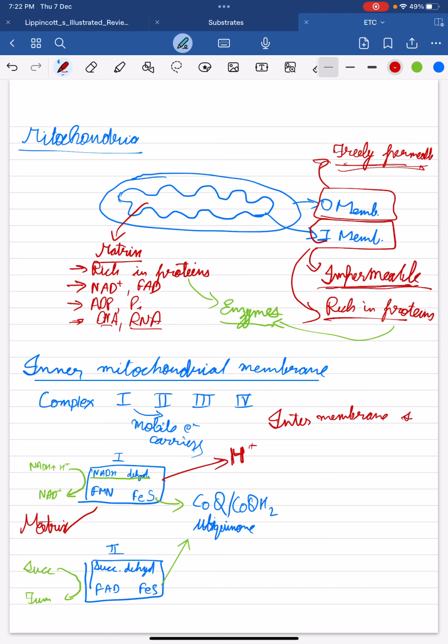So the hydrogen ions actually get collected in this area. The 4 hydrogen atoms are transferred from here to here.